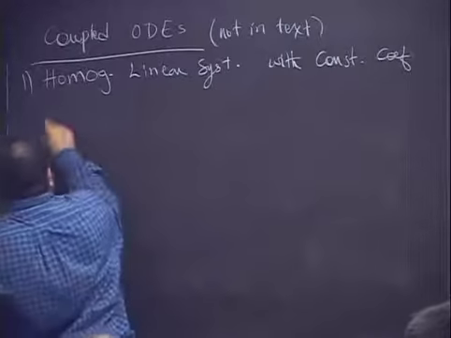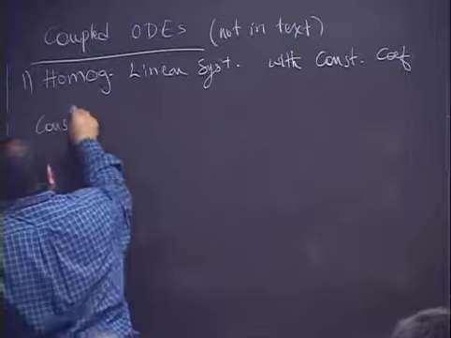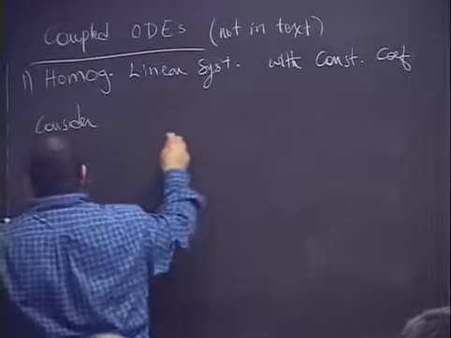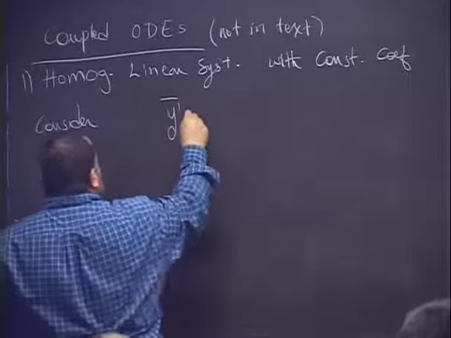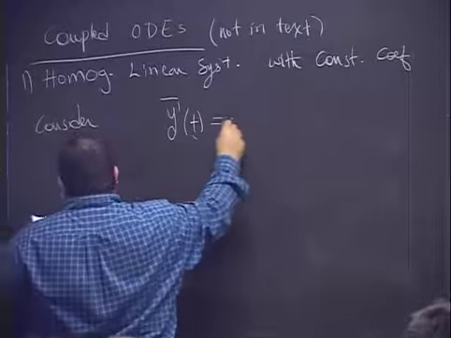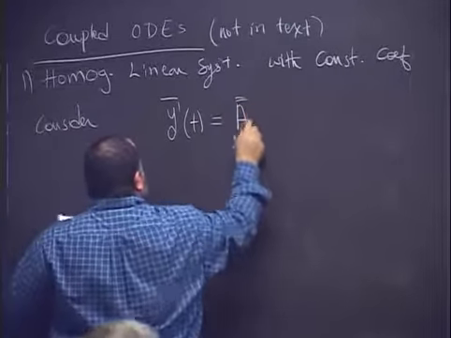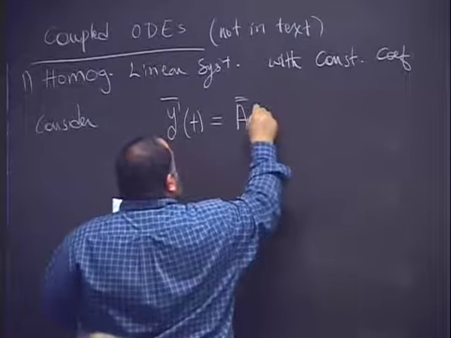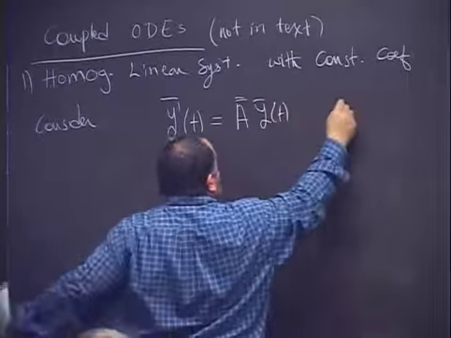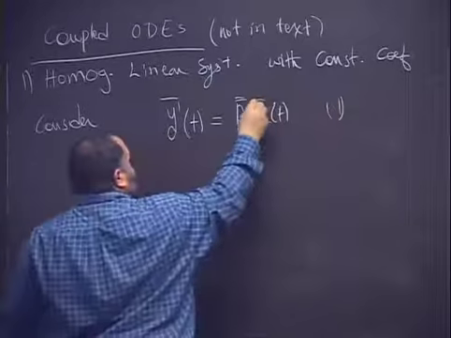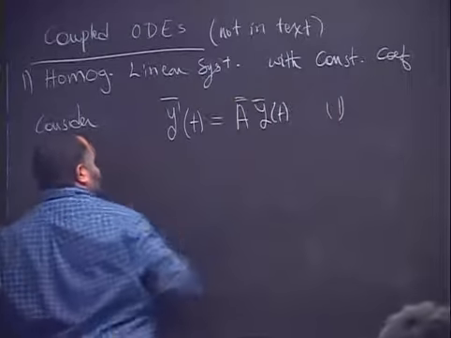So we'll consider the system as y prime of t equal to A multiplied by y of t. Again, this is a vector, this is a matrix, this is a vector.